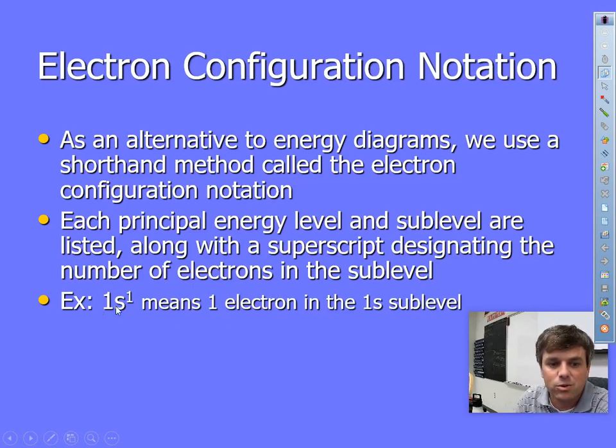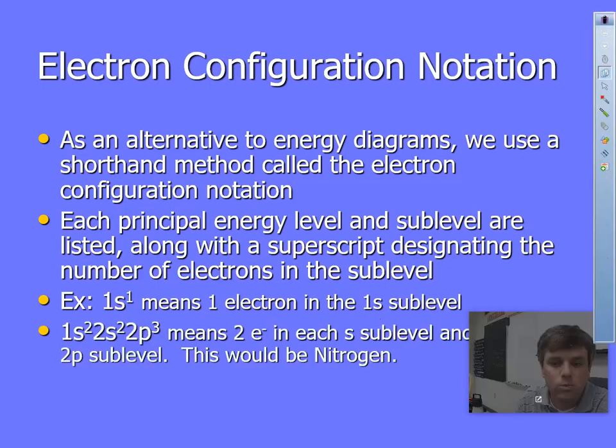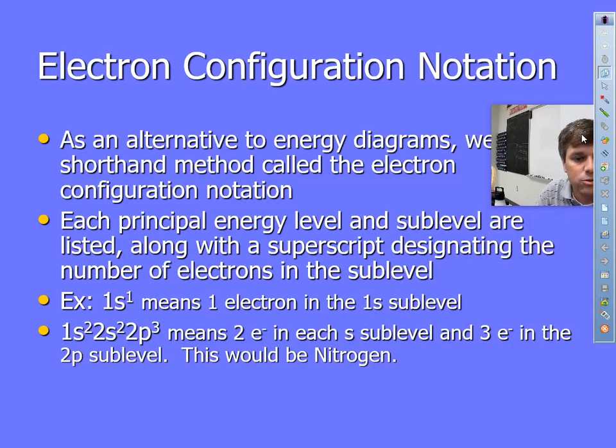So for instance, if you wrote 1s1, that would mean you have one electron in the 1s sublevel, and that would be the electron configuration for hydrogen. If you had 1s2, 2s2, 2p3, that would be 2 electrons in the 1s sublevel, 2 electrons in the 2s sublevel, and 3 electrons in the 2p sublevel, and that would be nitrogen.